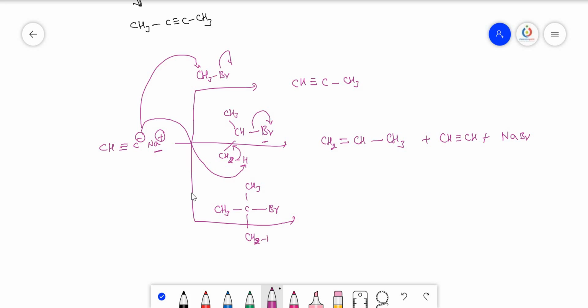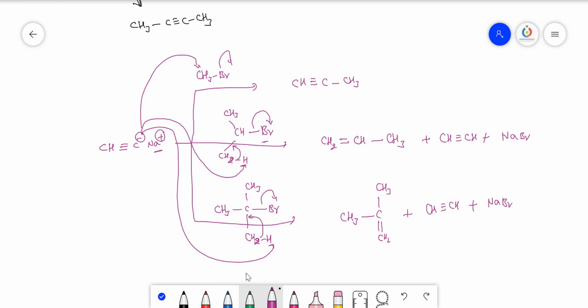Here also it attacks the neighboring hydrogen, and the molecule will be CH3C(CH3)=CH2 and CH3C≡CH plus NaBr.